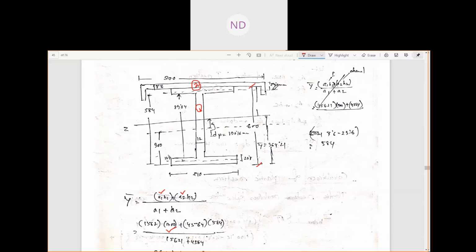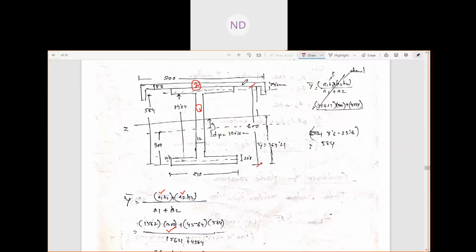We can consider this entire thing is 600, from here to here is 600. Then 600 plus, this is 7.6, the thickness of the web.